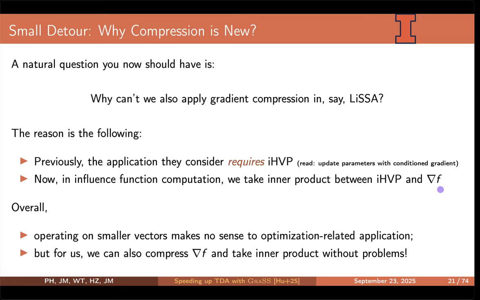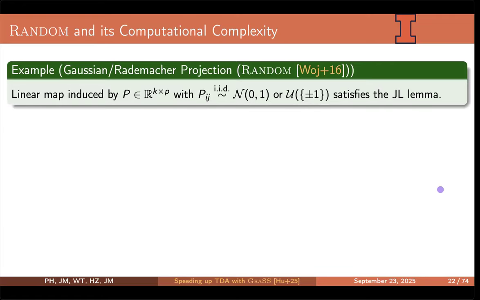So with that in mind, we can now look at some naive implementation of this idea in, let's say, influence function computation. So first, I should probably give you an example of what type of compression method will admit a JL guarantee.